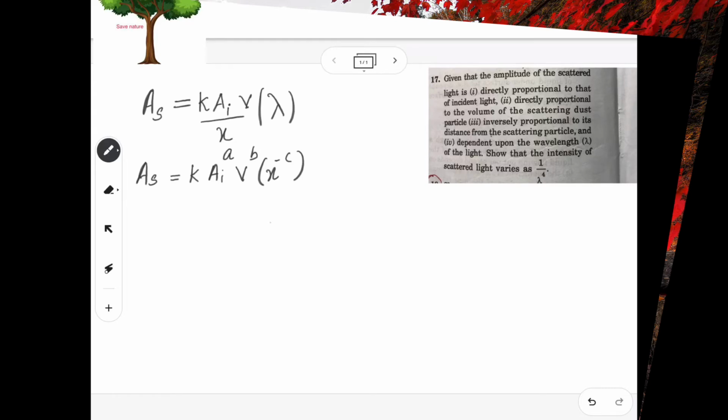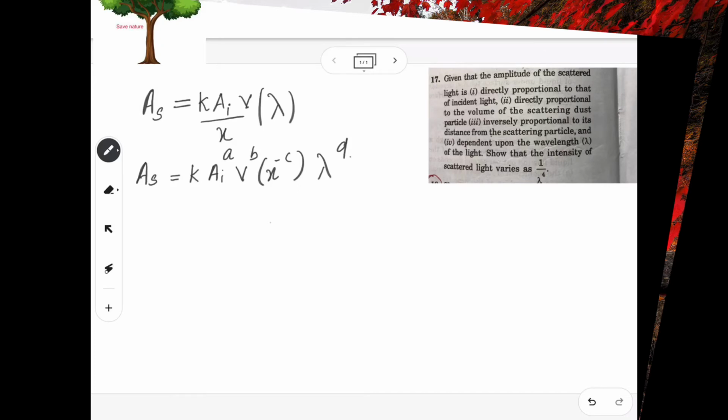So x goes to the numerator, and x raised to minus 1, the whole raised to C, will be x raised to minus C. It's very simple. And lambda raised to D I am writing. So we have powers of AI, V, x and lambda as A, B, C and D respectively.